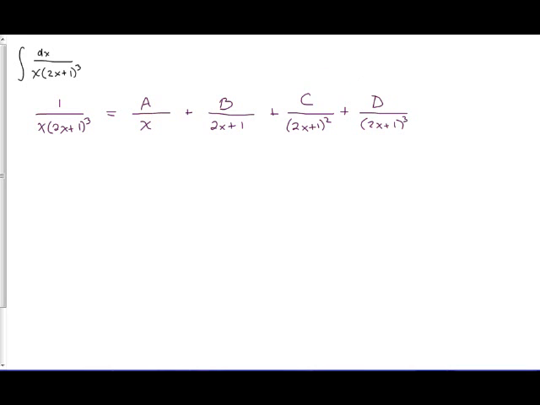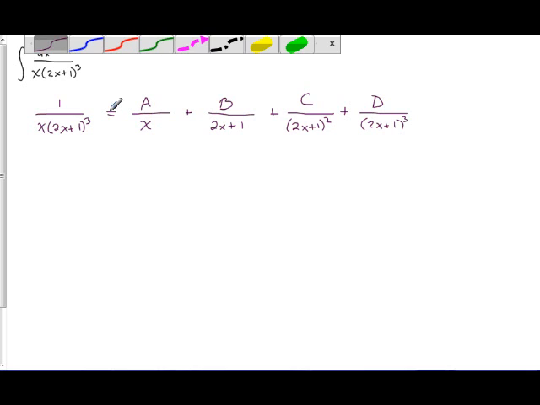Now let me point out, if I add these together, I'm going to get a polynomial with 2x plus 1 cubed in the denominator, whose numerator is going to be a second degree polynomial, as general as can be. So this is in fact the general way to write that. It's just the convenient way to write it.